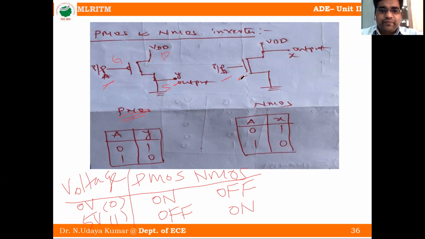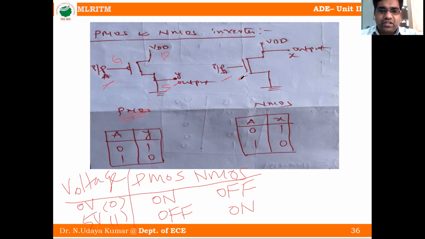First we will see input equal to 0 volts, that is logic 0. Logic 0 is given to the PMOS transistor, so the transistor is on. For a PMOS transistor, it is on whenever 0 volts or logic 0 is given.